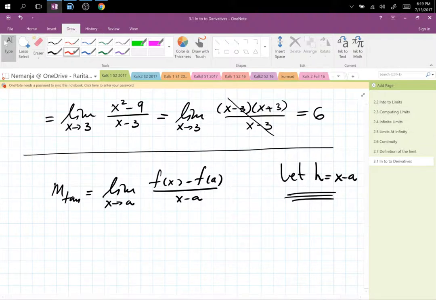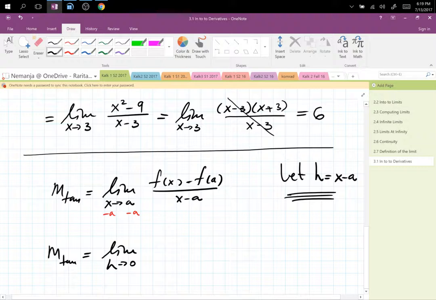Because look what happens. If I subtract a on both sides, I get x minus a, which is going to be h. We are already getting an easier form because now it's the limit as h goes to 0. X minus a on the left of the arrow is h, and a minus a is 0 on the right of the arrow.